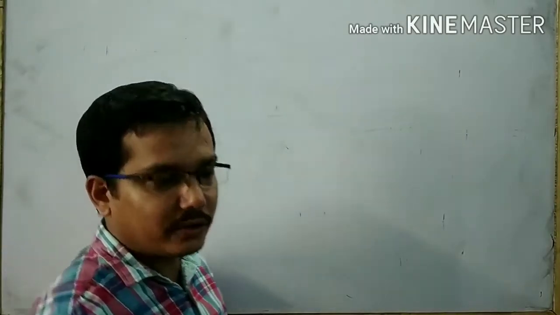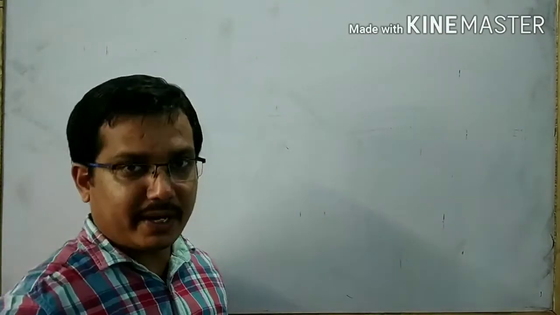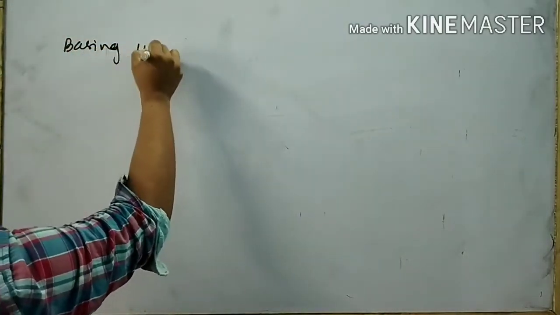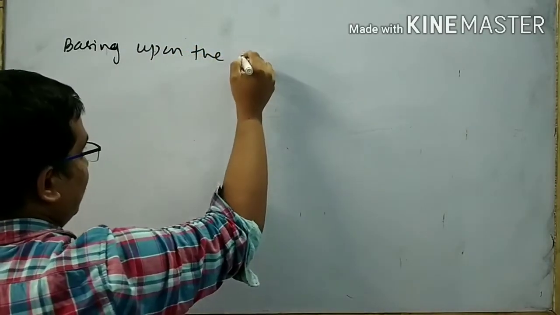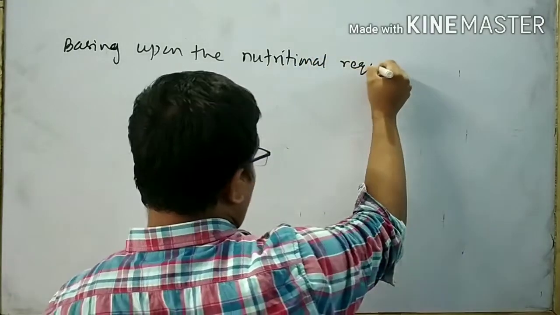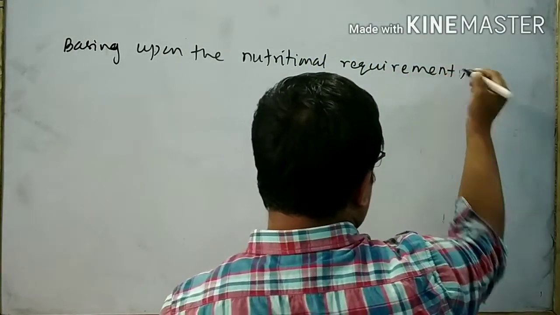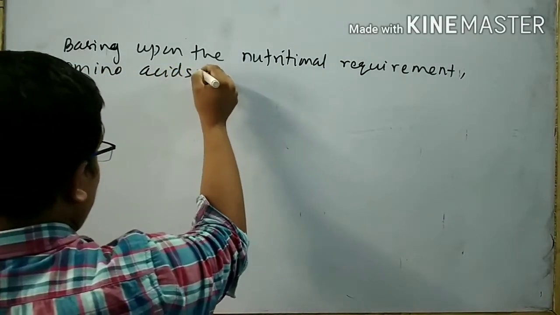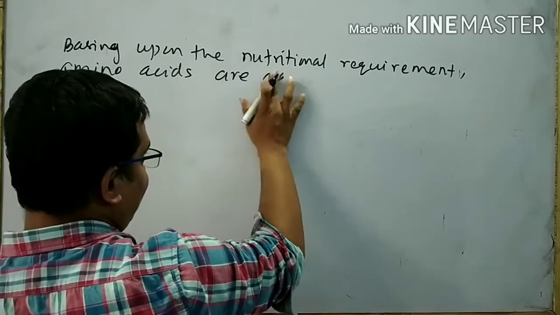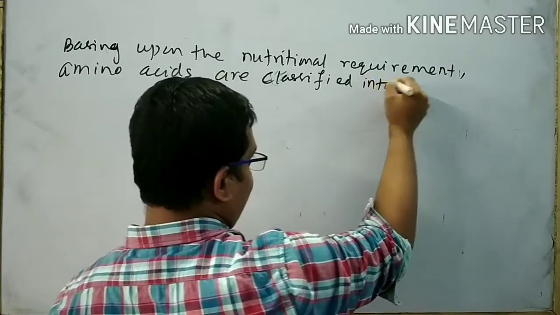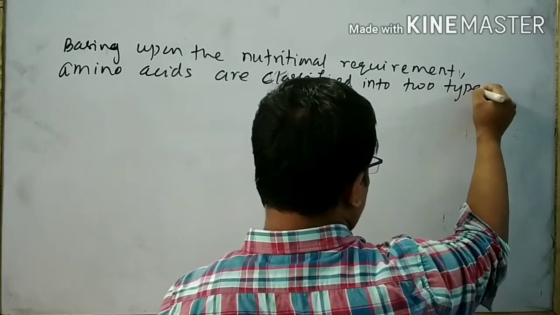The amino acids are also classified based upon the nutritional requirement. So we can write, basing upon the nutritional requirement, amino acids are classified into two types.